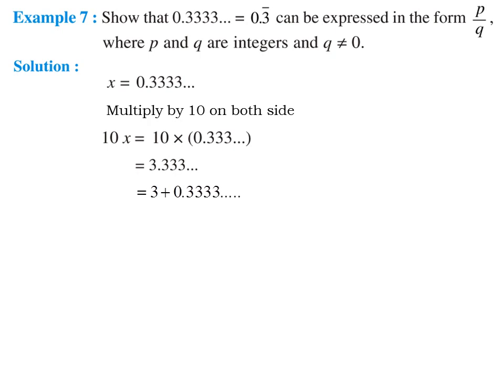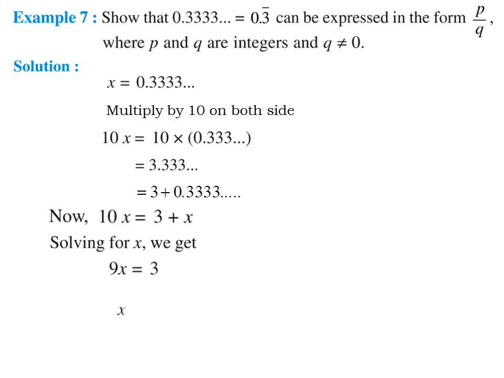Now 0.333 will become your x. So this equation will now become 10x equals 3 plus x. Now taking x from the right hand side to the left hand side and solving for x, I will get 9x equals 3. Now 3 can be cancelled out, so I will get x equals 1 by 3.